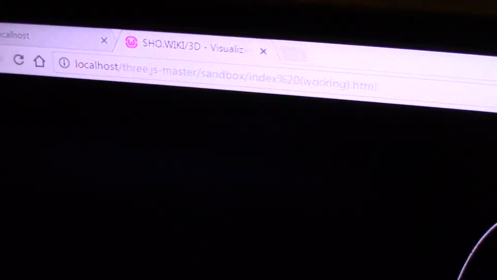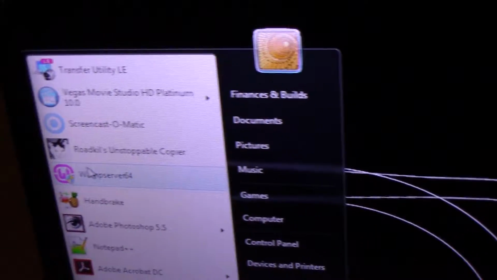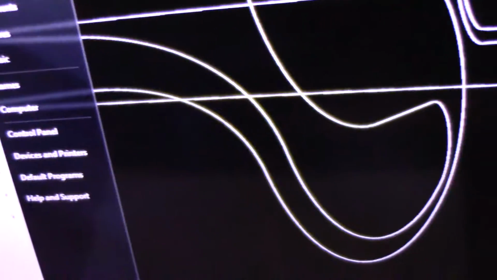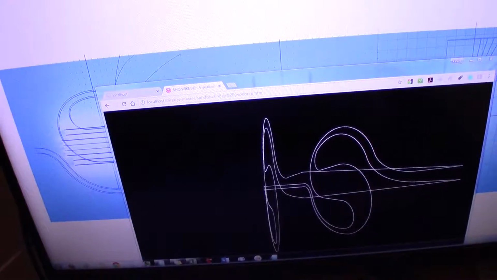This is our S.H.O. drive animation rendering on the localhost here, a WAMP server. That's WAMP server 64. There's the S.H.O. drive logo. Oh dear. Let's put this back.